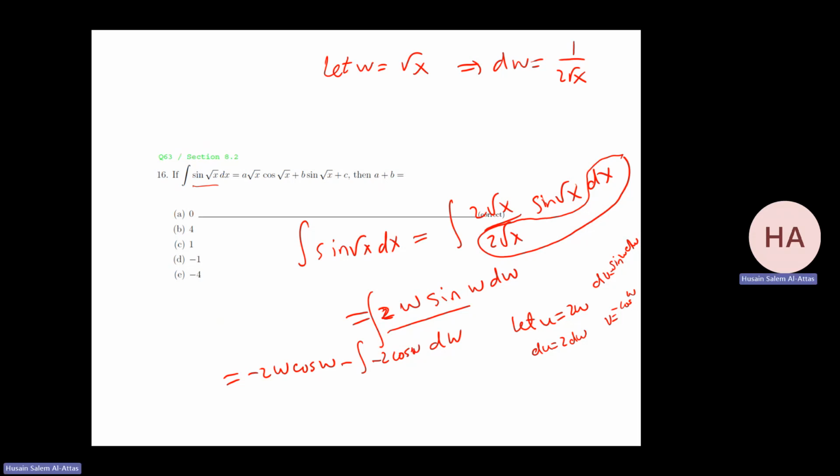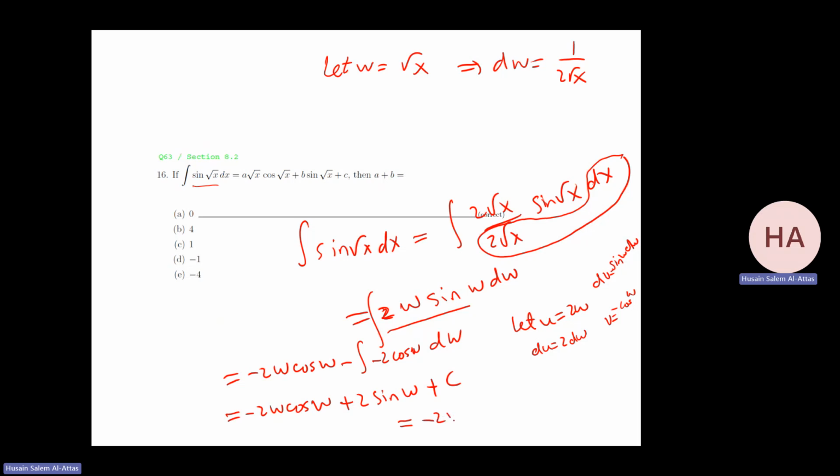I'm just doing the calculation. So that gives me minus 2w cosine w plus 2 sine w plus c. What is w?